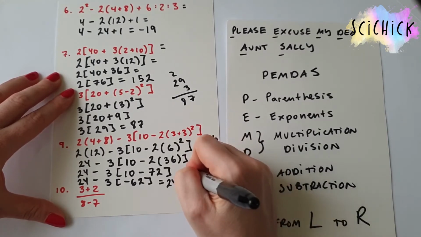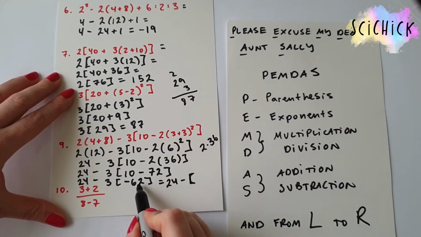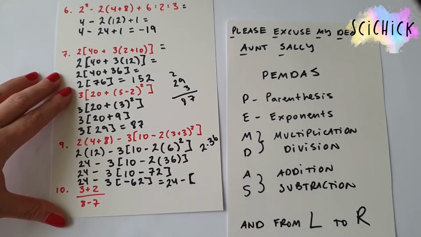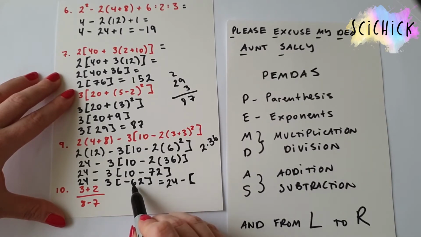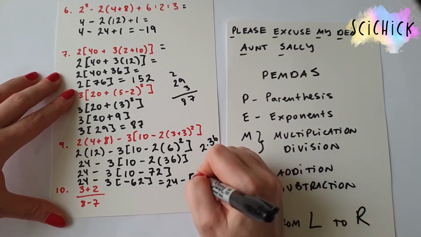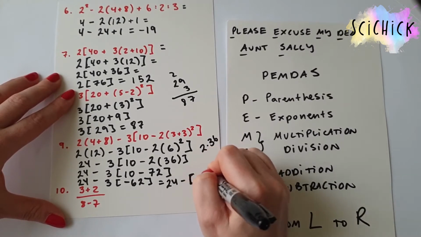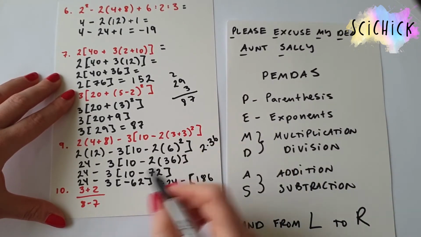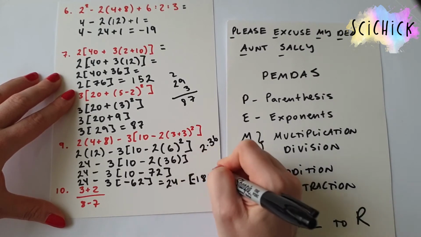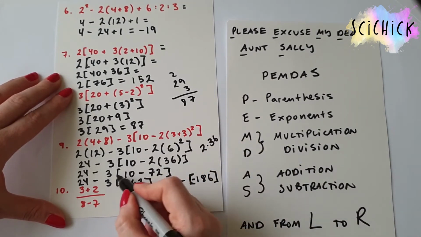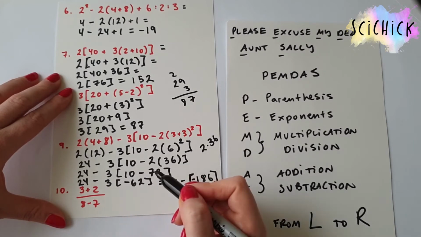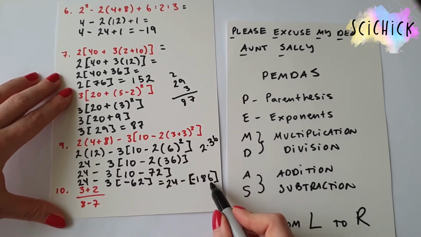The reason is that we have a minus here and a minus here, and it's going to turn into a plus. So 3 times 62 is going to be 186. But there was a minus in front of it, so there needs to be a minus here. So just take this guy, let him jump over into the brackets, and I get 186.